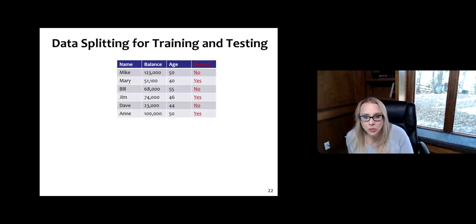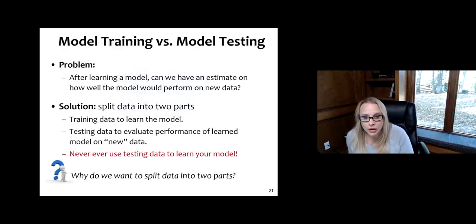So why do we want to split our data into two parts? Well, the answer is fairly simple. Basically, it comes down to the fact that whatever you use to train your model is what is going to be used to derive your pattern. So when you measure the performance of a model on the training data, of course it's going to perform well, because that is what it was used to learn the data.